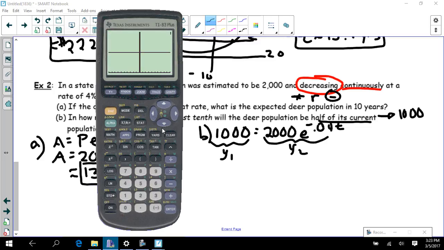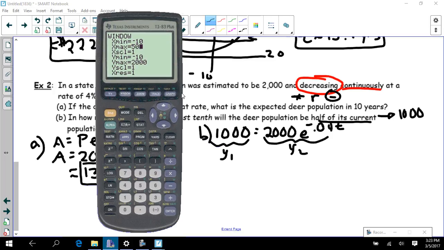And not quite yet, so we've got to go to the window again. This time change what I need to change to go this way. Xmax. Let's go 50. Looked like it wasn't quite there yet. So it's kind of just a guess. There, I can definitely see it.